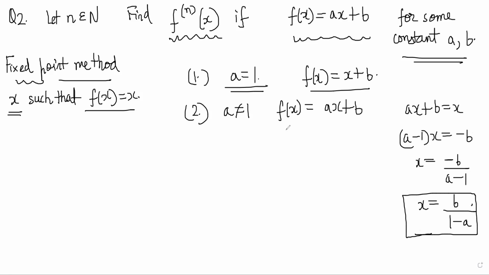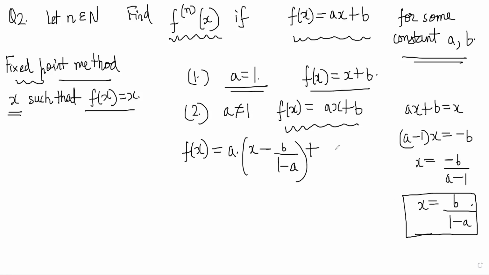And now you will realize that we can write this function f(x) like this: a times (x minus b by (1 minus a)) plus b by (1 minus a). Think about it, just simplify it and see whether this is true or not. We can write it like this: ax minus ab by (1 minus a) plus b by (1 minus a).